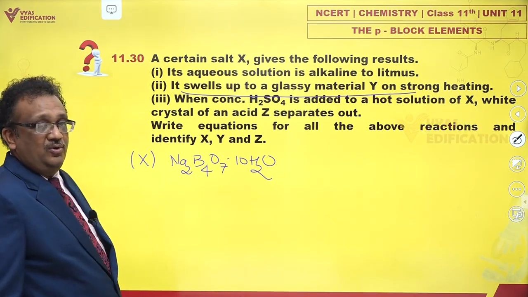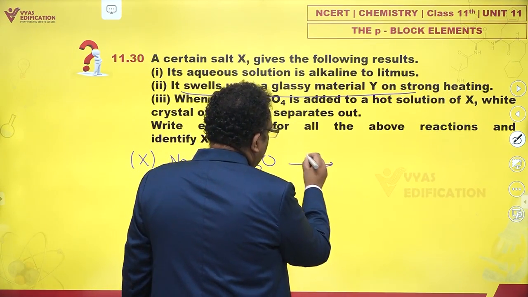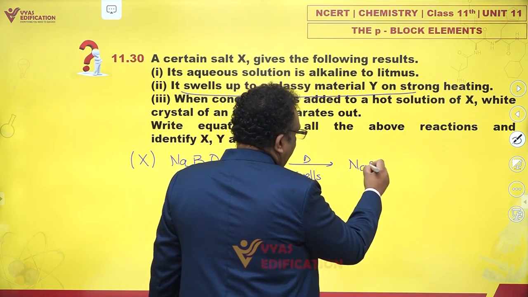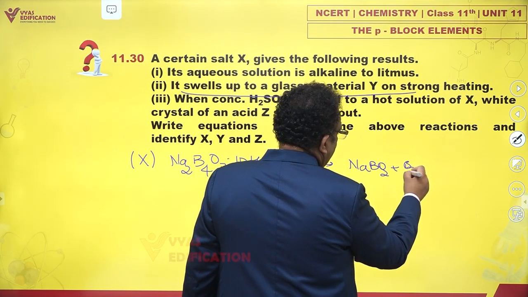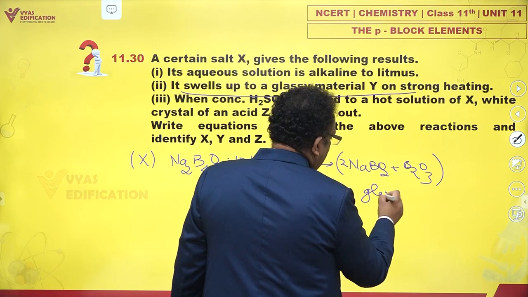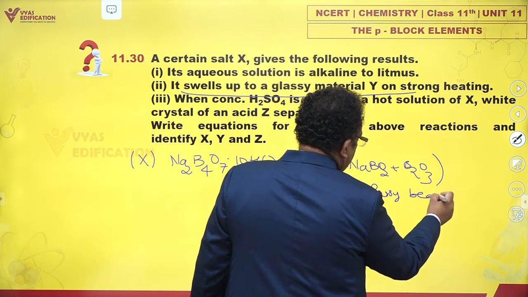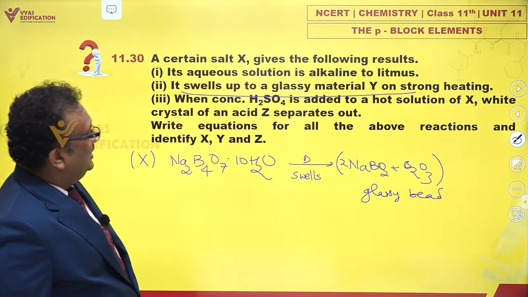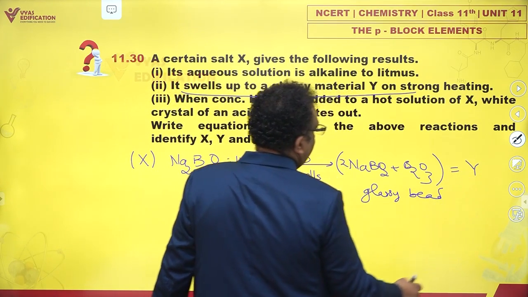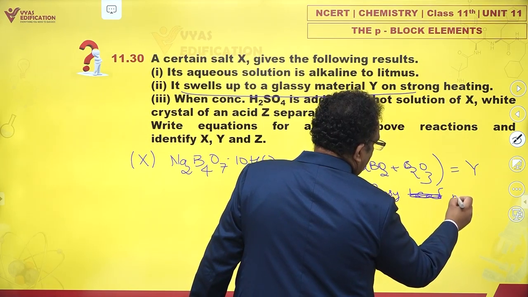Na2B4O7.10H2O. If you heat this, it swells, giving NaBO2 plus B2O3, a very intimate mixture of this, which is nothing but the glassy bead, the glassy substance in general. And this is Y. Material.